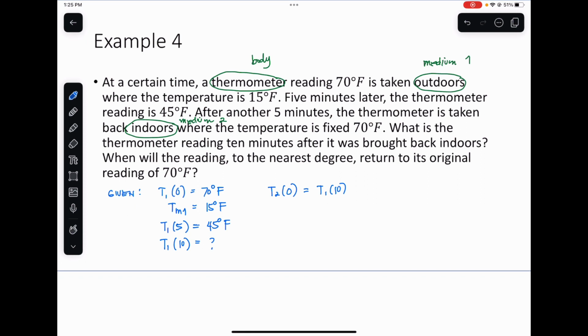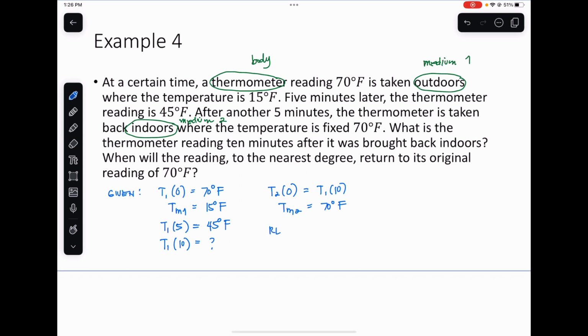Therefore, the initial temperature for medium number 2 is T sub 1 of 10. And then the temperature there is fixed at 70 degrees Fahrenheit. So that means indoors, the temperature is 70 degrees Fahrenheit.